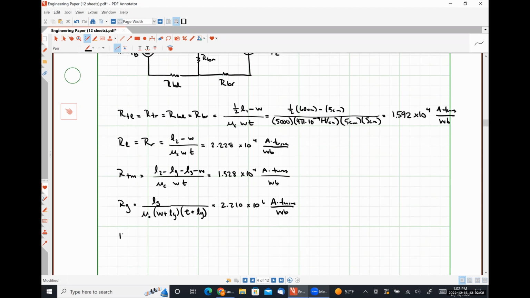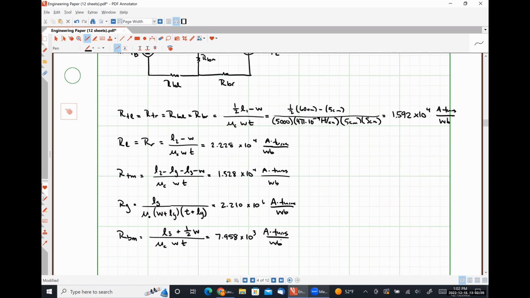And finally, our bottom middle is going to look like L3 plus half of a width divided by mu C W T. That guy comes out to be 7.958 times 10 to the 3 amp turns per Weber.